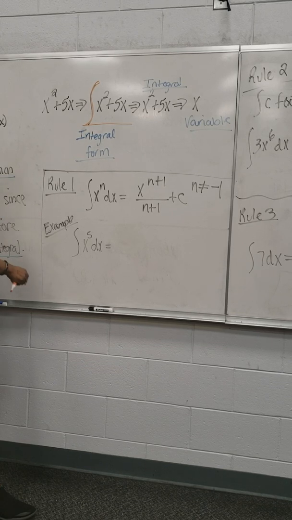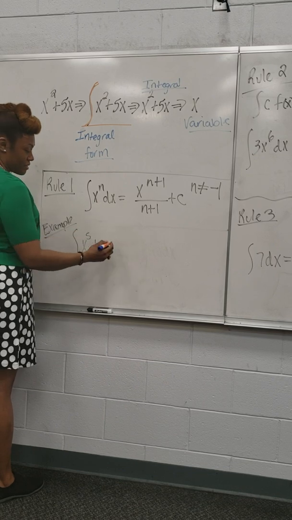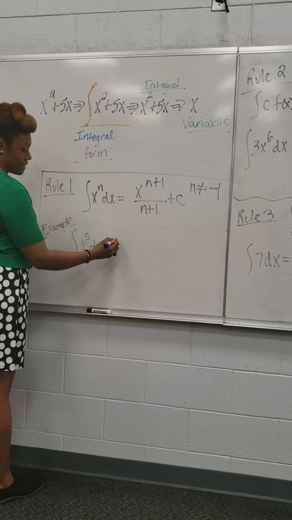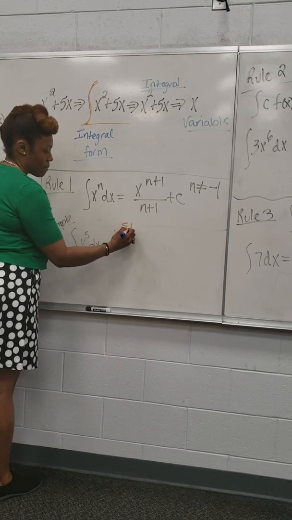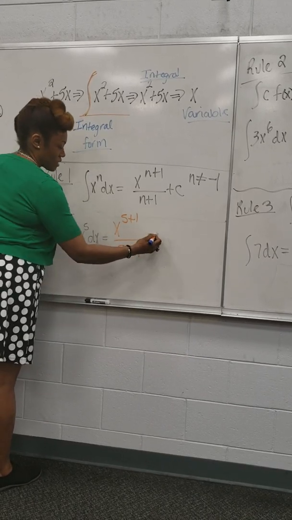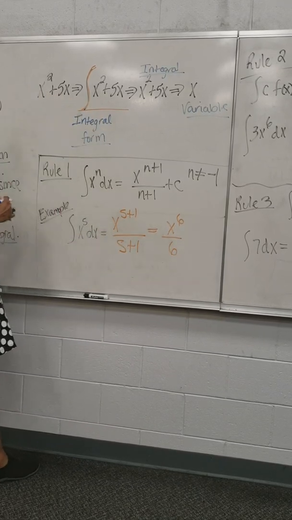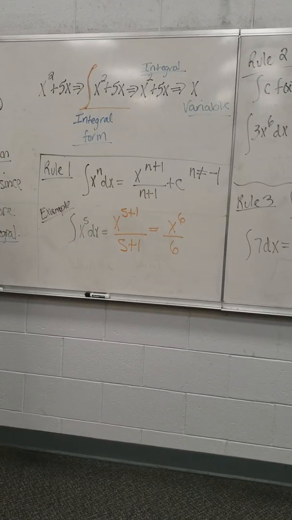So for example, we have the integral of x to the 5th dx. We would do x to the 5th plus 1 divided by 5 plus 1, and this gives us x to the 6th over 6. Now we have found our integration.